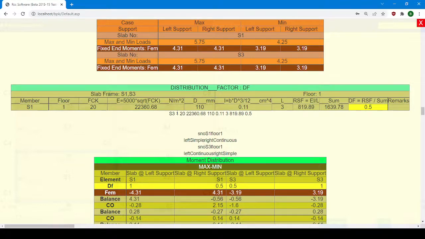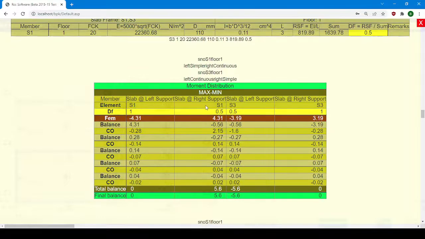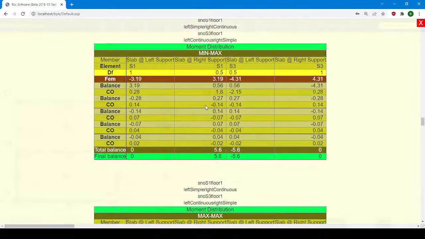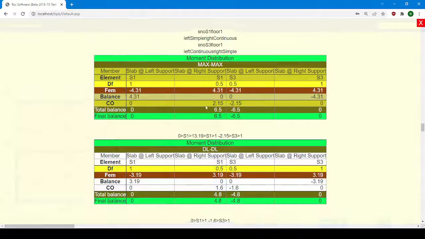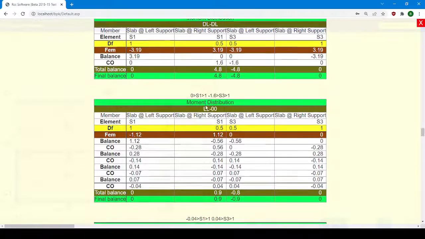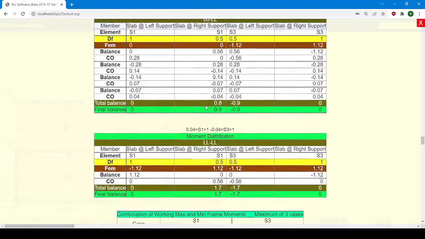In the 2D analysis, for the left simple support, that moment will be 0. At the midsection, continuous, we have to evaluate and calculate by three methods: max min, min max, and max max, and two separate cases: dead load and live load. As I already informed, we require these for the earthquake analysis.